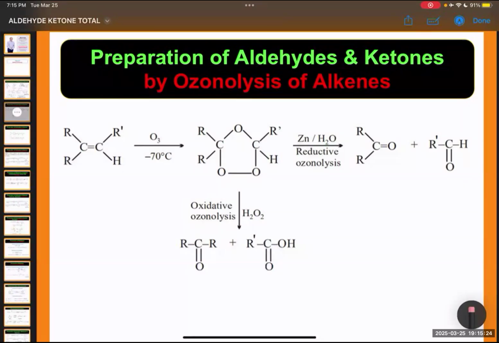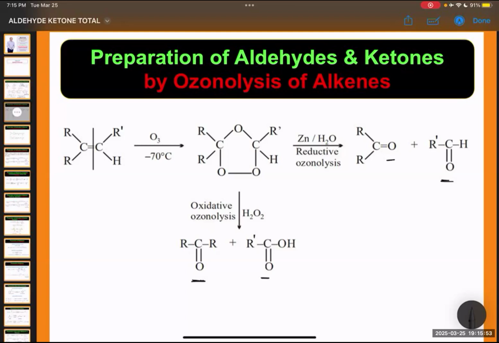If you cut the double bond and put oxygen on both sides, you have either an aldehyde or a ketone formed in the reaction, and that can be done by ozonolysis, by treating these alkenes with ozone, O3.